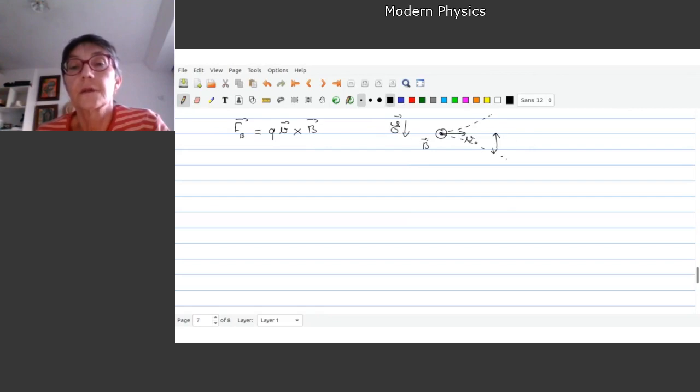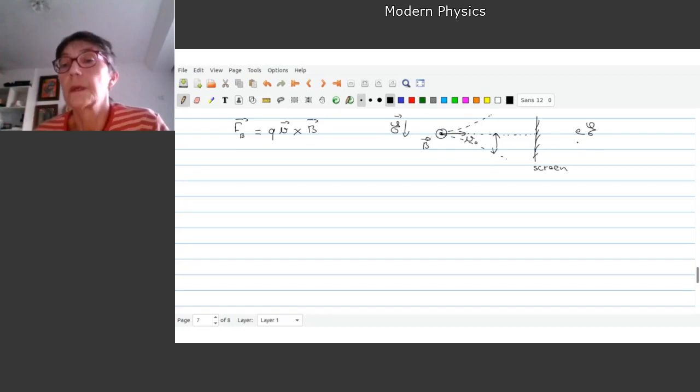And so you can adjust whatever you want, electric field, magnetic field, so that you will have the electronic beam, the cathode ray, going to the screen without being deviated. So when you obtain this, you know that the electric force upward equals the magnetic force downward.